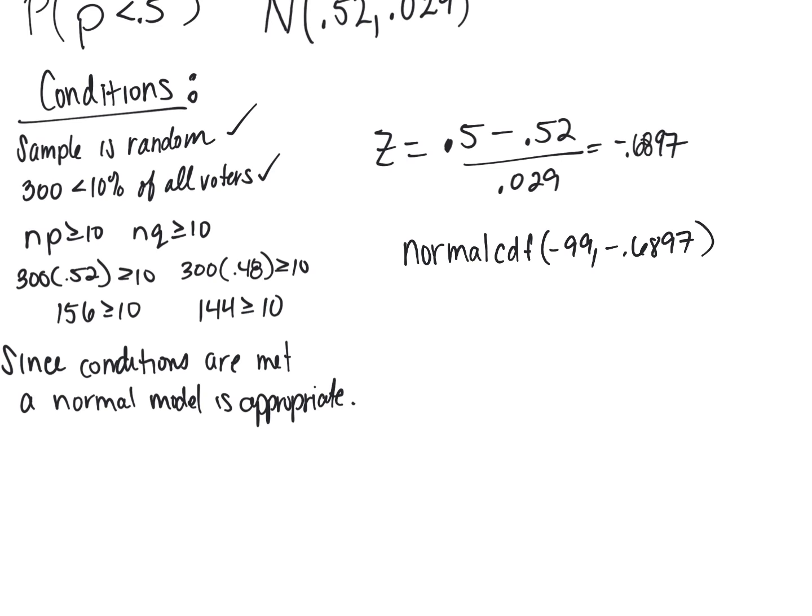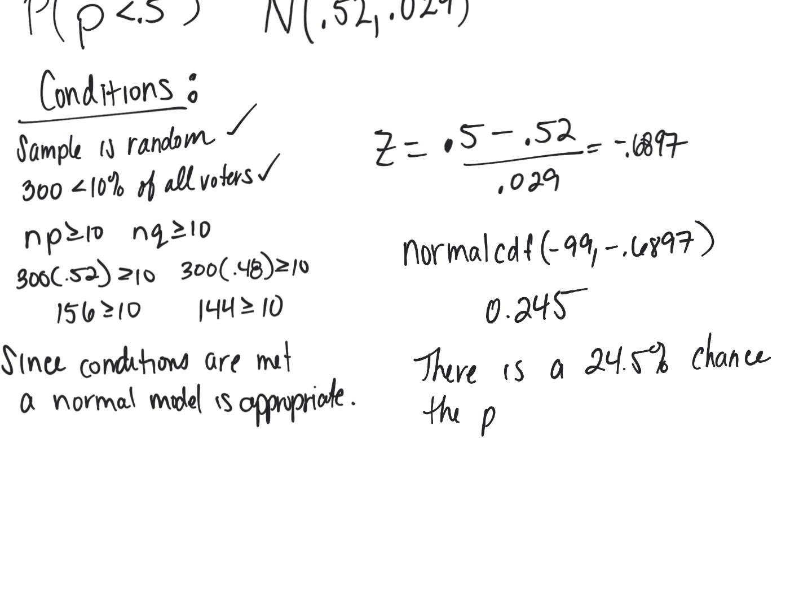I'm interested in what's the probability that it's less than. And that's in your second distribution menu. We used it last chapter a little bit. And I get 0.245. So there is a 24.5% chance the poll makes the wrong prediction.